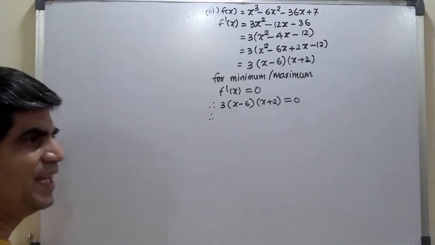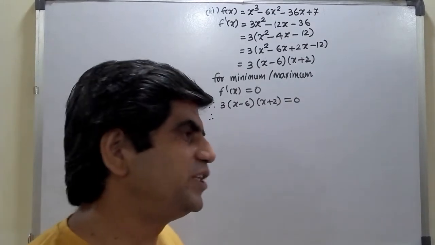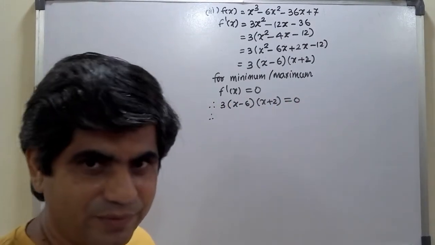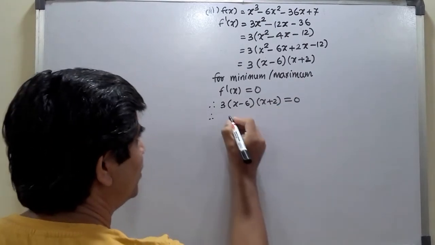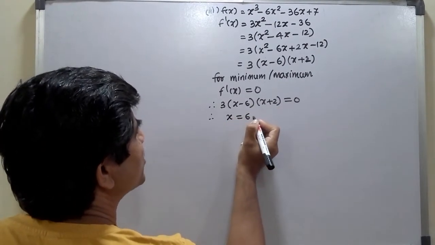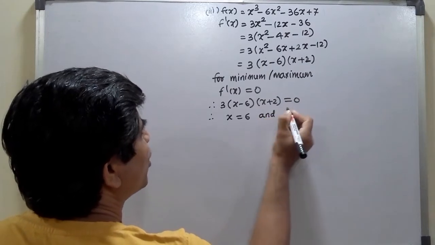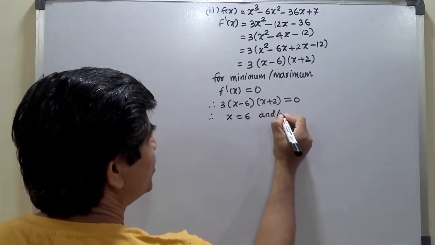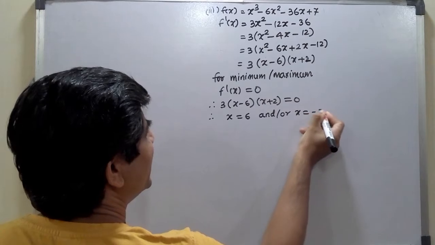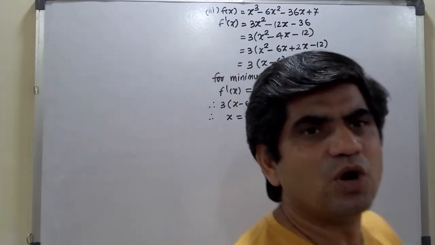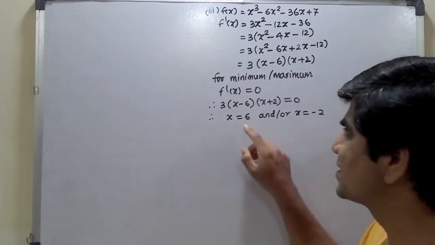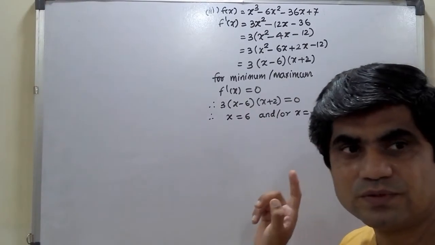Even a child from KG can say that 3 is not equal to 0. So x minus 6 is 0, so you will get x is equal to 6 and x is equal to minus 2. So you got 2 points, right?